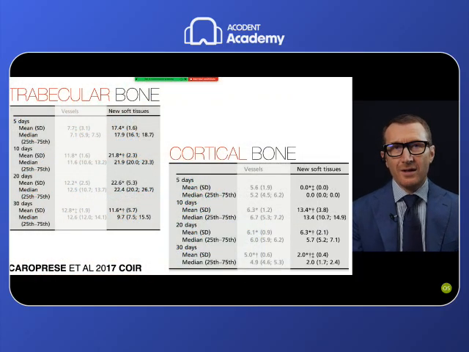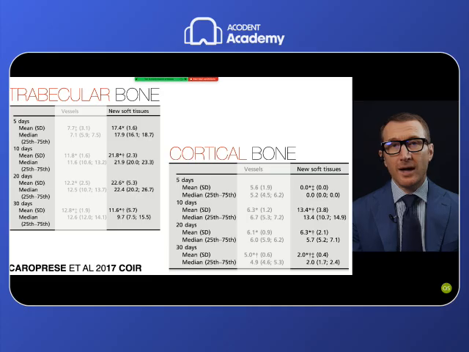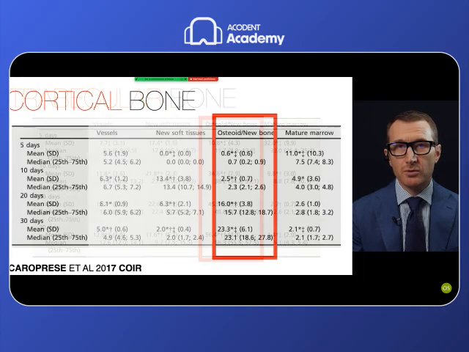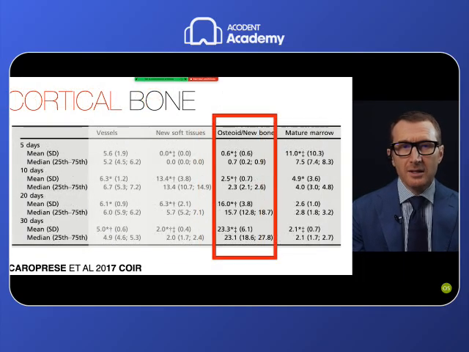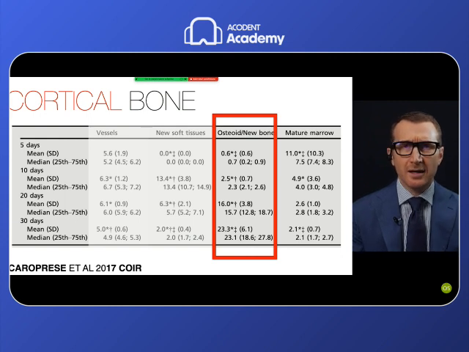So we have less blood vessel formation in the cortical area compared to the trabecular area, and this is going to have an impact on the new bone formation, which is less in the cortical bone compared to the trabecular area.